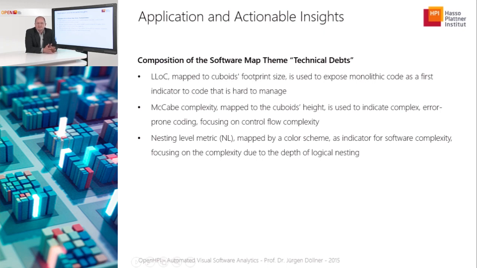And the other dimension we include in our map representation is a nesting level metric, mapped to the color, as an indicator for software complexity that focuses on the complexity due to the depth of logical nesting. So by combining these two technical measures of software complexity, we can at least estimate the degree, or let's say the general volume of technical debts behind our current implementation, behind the software system's source code, modules and units.